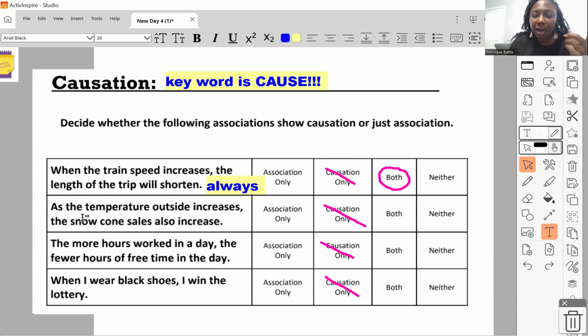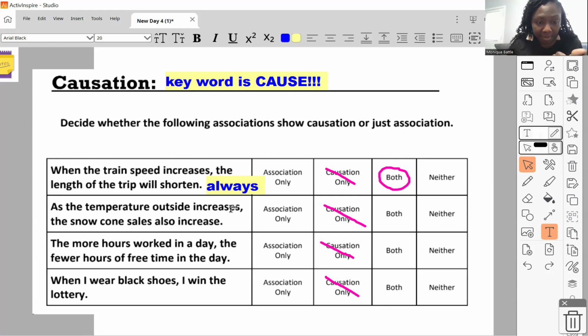Does that actually cause the snow cone sales to increase? Now, some people might think that, yeah, if it's hot outside, people are going to go buy snow cones. But does it mean it always has to happen? I know some people might be saying that this always has to happen, but it does not.